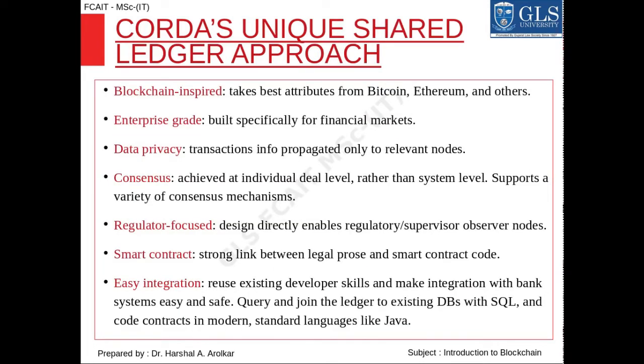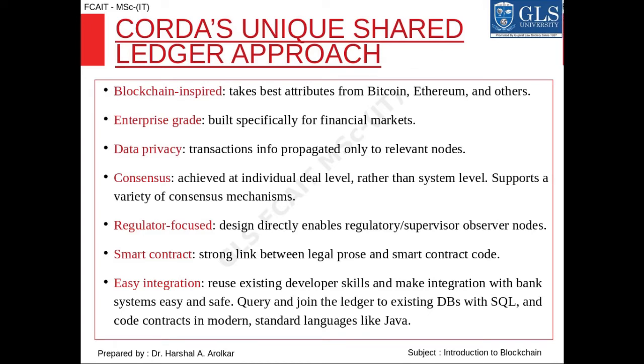Having understood the basic fundamentals, let us now look into Corda's unique shared ledger approach. Corda has been inspired by blockchain, and hence it takes the best attributes from cryptocurrencies like Bitcoin, Ethereum, and other aspects. It has been built for financial markets, hence it is enterprise grade.